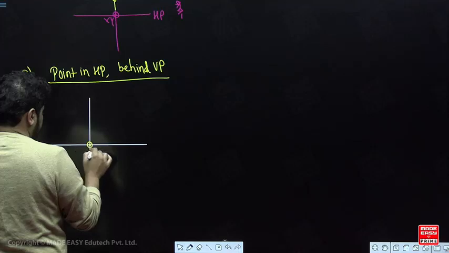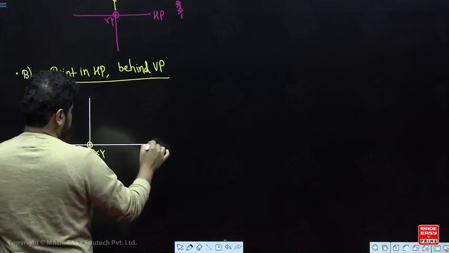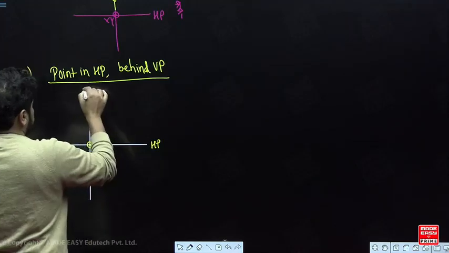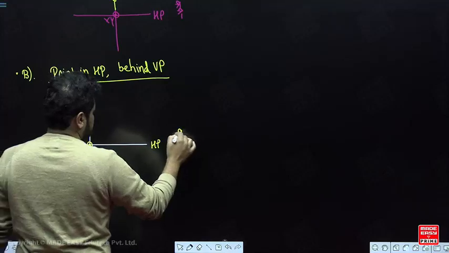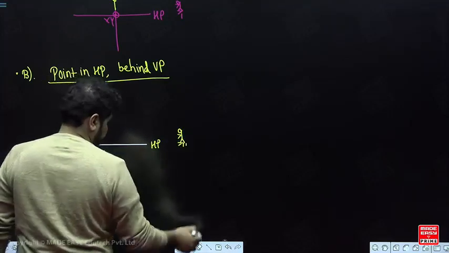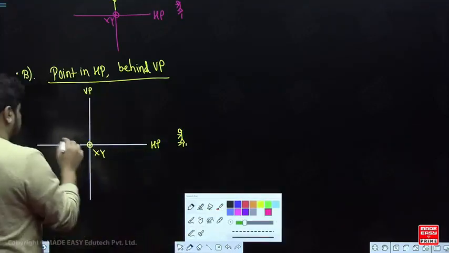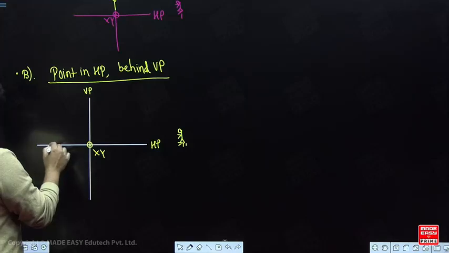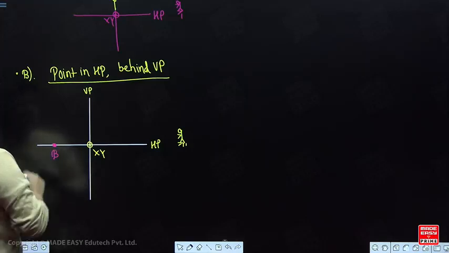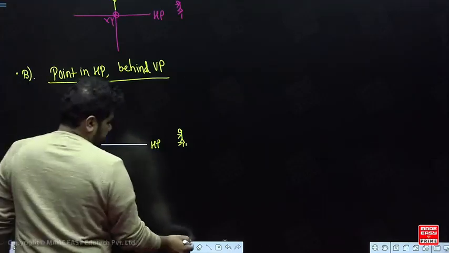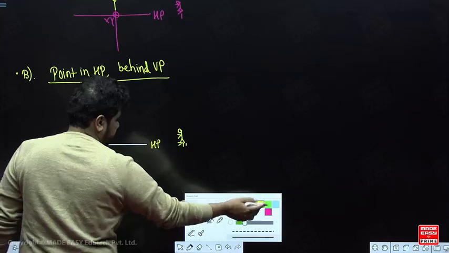This is your XY, this is HP, this is VP, this is your observer. Where is the point? Point is here somewhere. So point in HP, behind VP. Now from the front, how will it look?